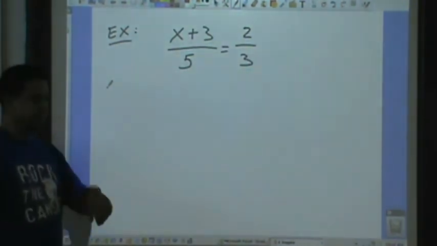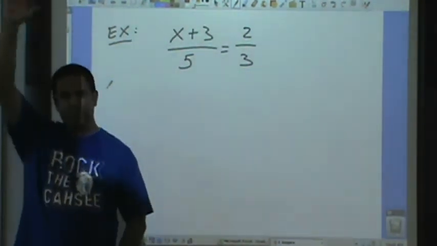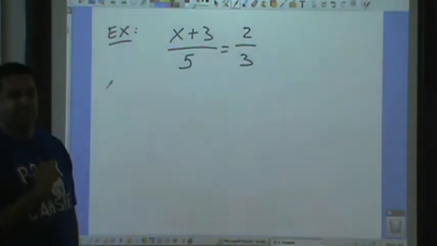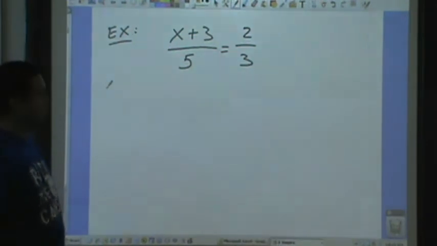And time is up. How many finished? Good. Answer, 1/3. X equals 1/3. Let's check.